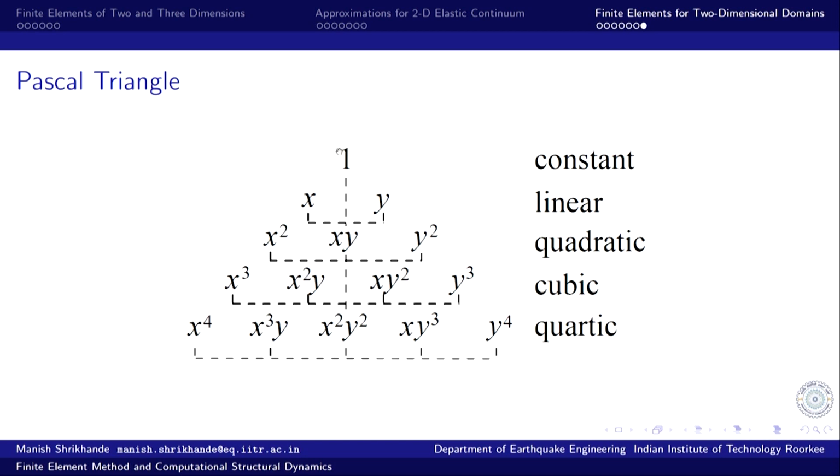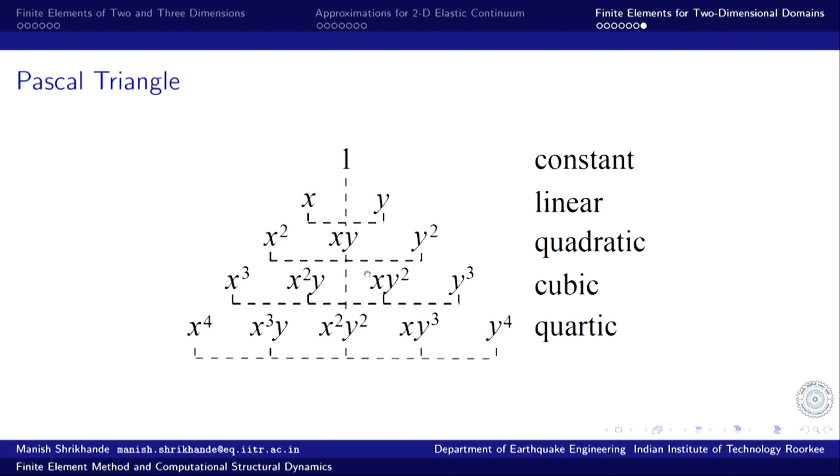It starts with 1, that is the constant term, then 2 linear terms x, y. This is the center line of the Pascal triangle that I mentioned. Then next is x square, that is quadratic, x y product of these linear terms, and then y square. Then next is third degree polynomial, cubic. That would be x cube, then x square y, and then x y square, and then y cube, right.